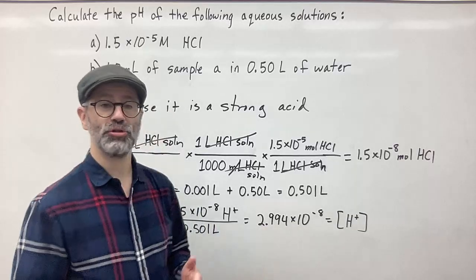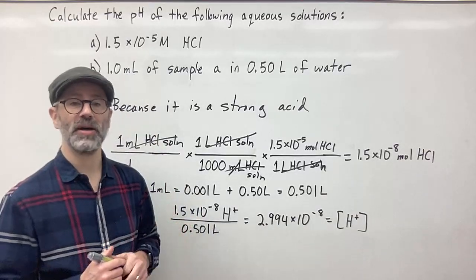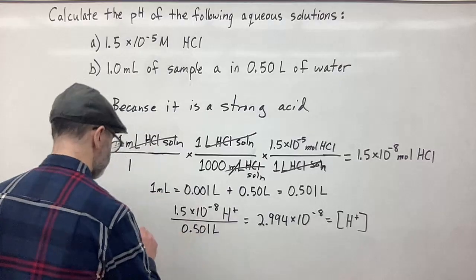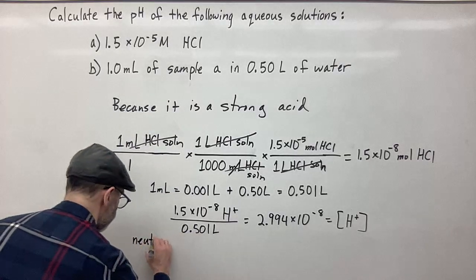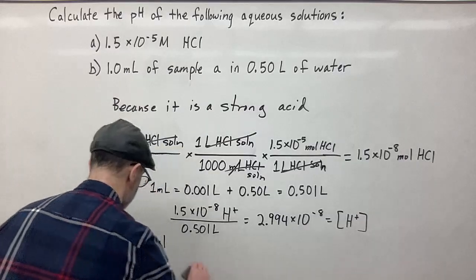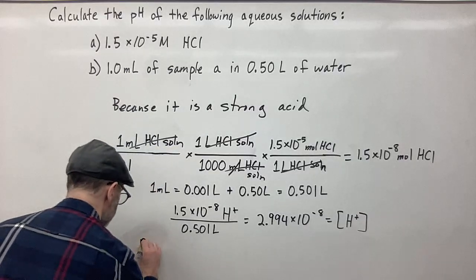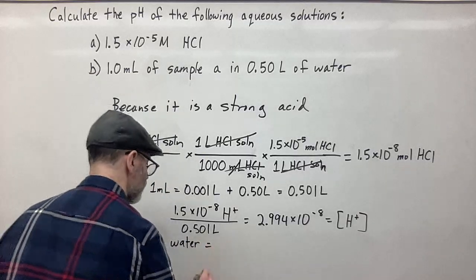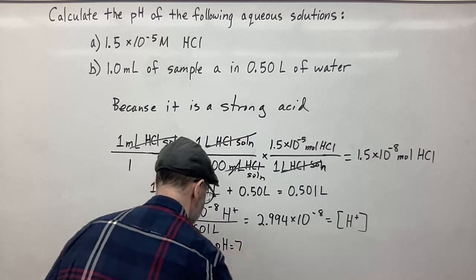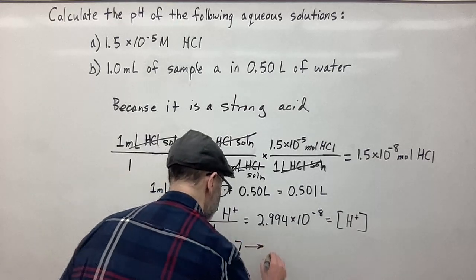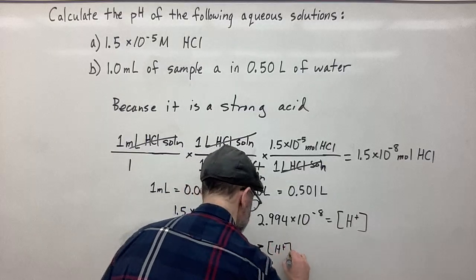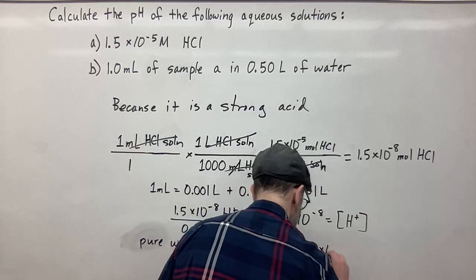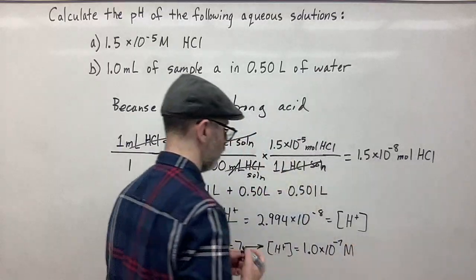Remember, neutral water or pure water has a pH of 7, so pH equals 7, which means that the H plus concentration is equal to 1.0 times 10 to the negative 7 molar.